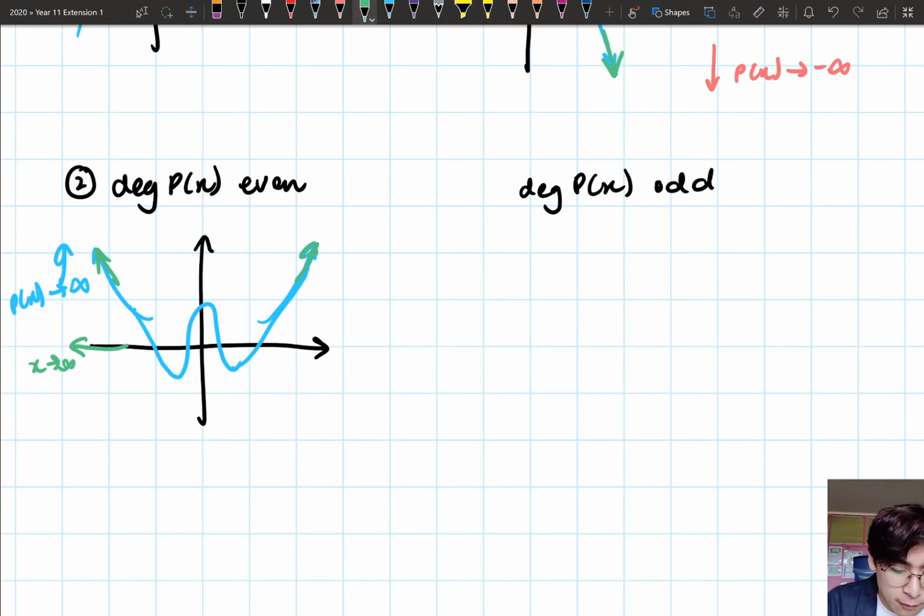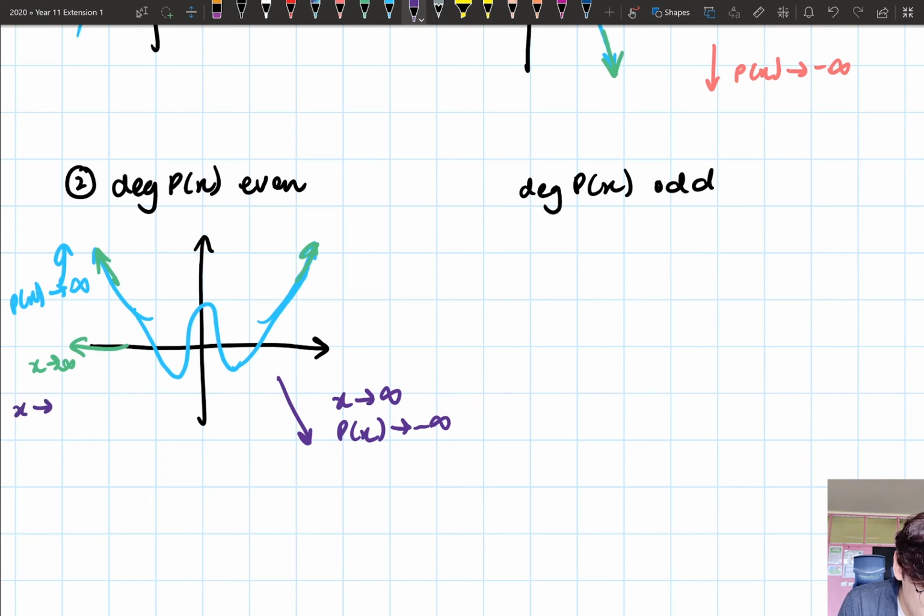The other case is if it goes the other way, if p of x goes towards negative infinity when x goes to infinity. So this is x goes to infinity, p of x goes to negative infinity. Well, on the other side, we're going to have the same thing. When x goes to negative infinity, p of x is also going to go to negative infinity. So here, these two match up. I actually didn't write it for the first one, but let's write it out.